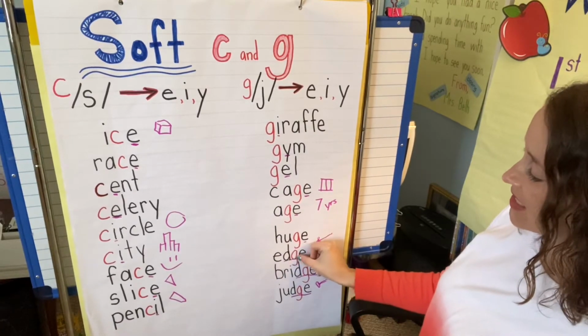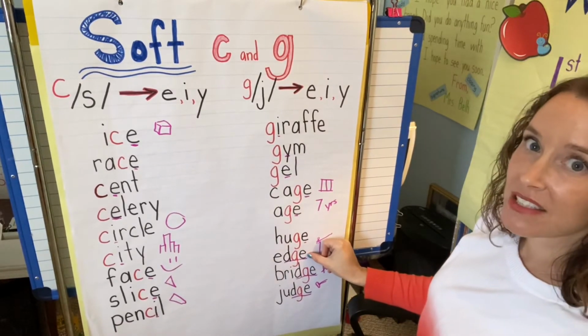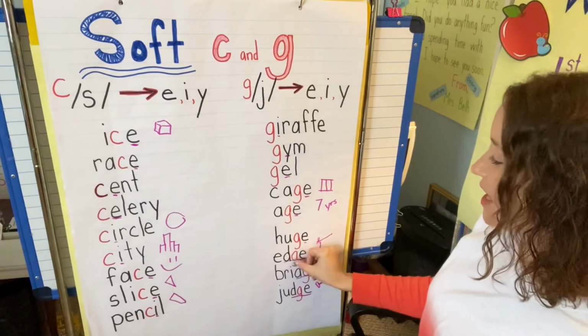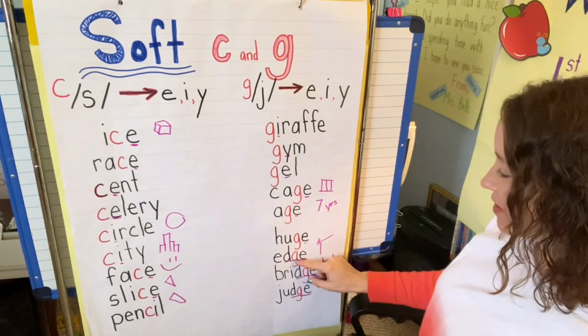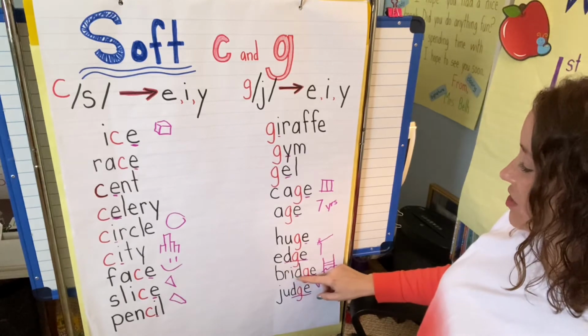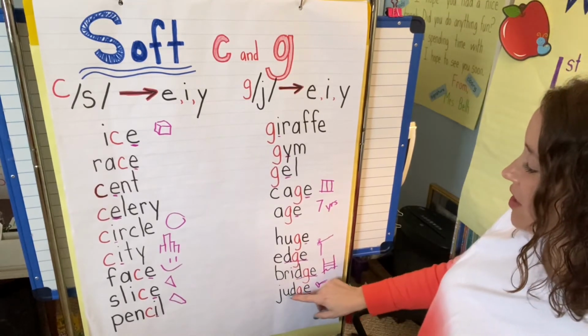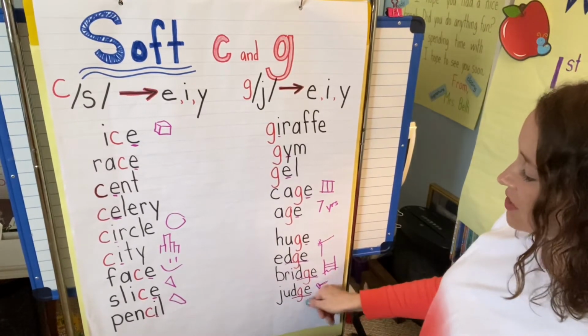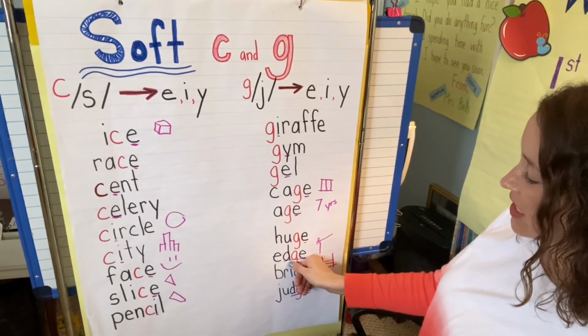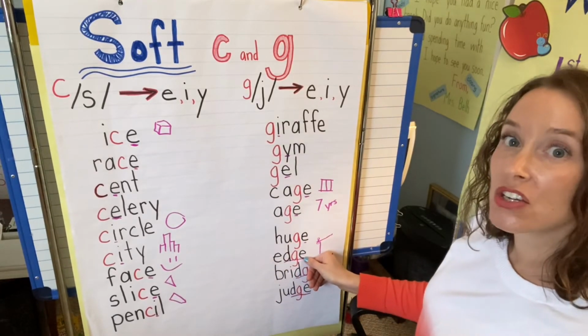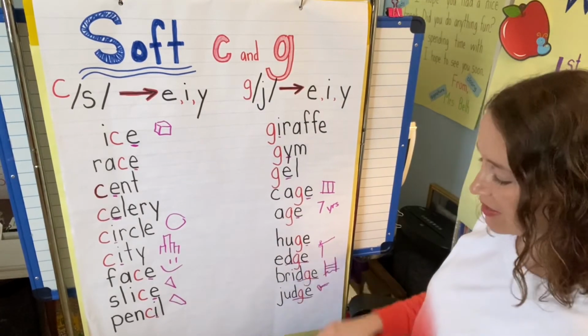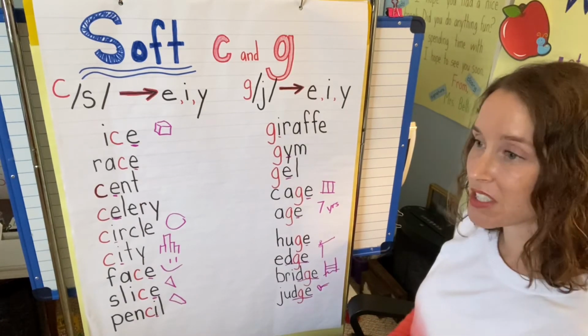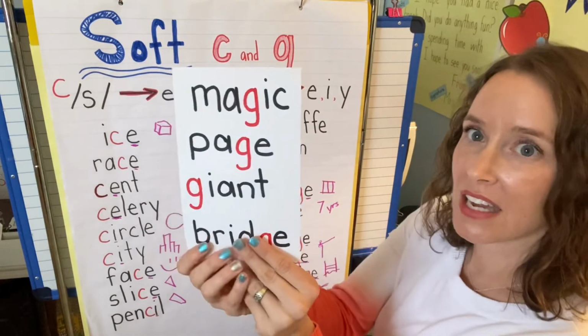Remember, when we see the DGE, it still just makes the J sound, okay? Edge, bridge, judge, okay? So that DGE just makes the J sound, okay? So those are some soft G words. I have some new ones for us to look at today.